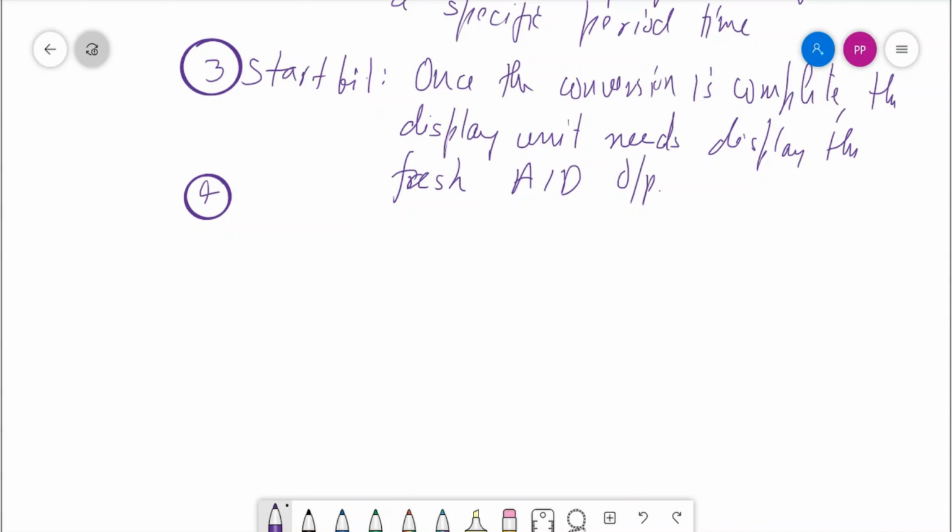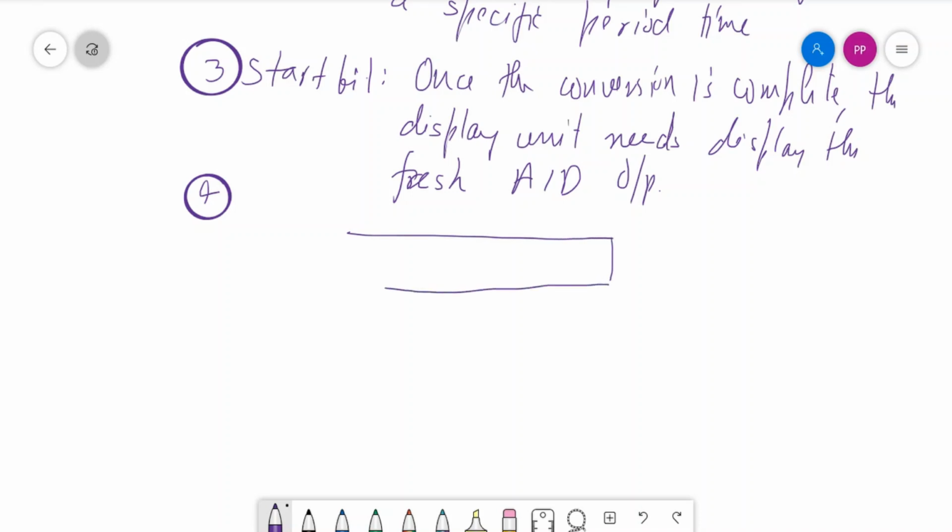Suppose you have to store the data or present the data in a register. So I am having an 8-bit register. Here I leave the first bit for polarity. Polarity is the sign of the input signal, positive or negative.